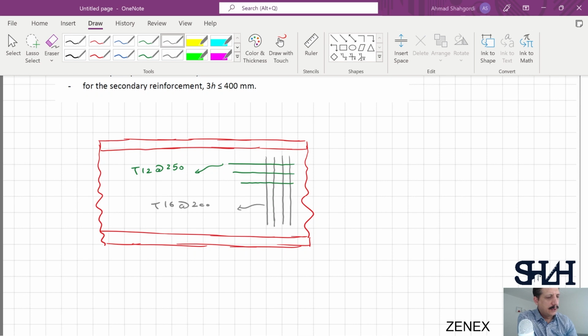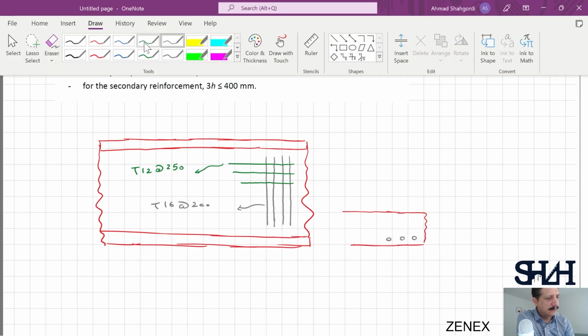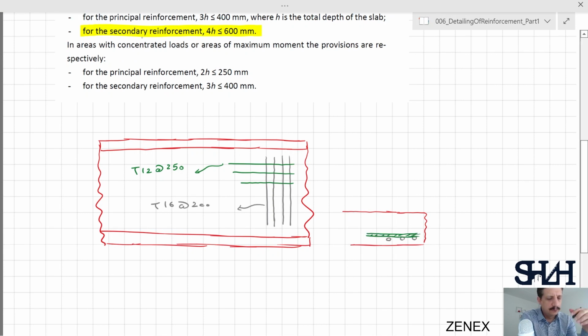And usually you have to sketch also the cross section of this slab to show the reinforcement with the section in your detailing layout. Apart from these two nets in the bottom, we need to follow also the minimum reinforcement on the top, and you can design it for the other side and report it in the drawing. That's the end of this example.